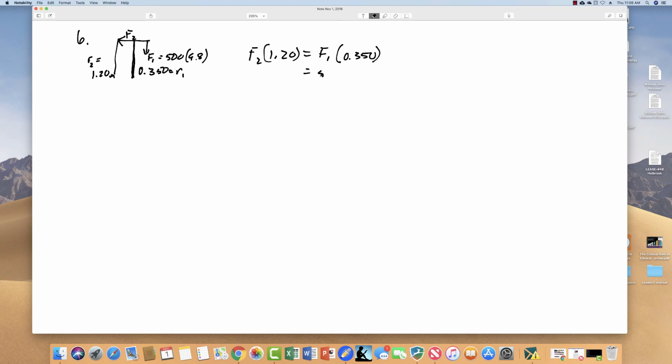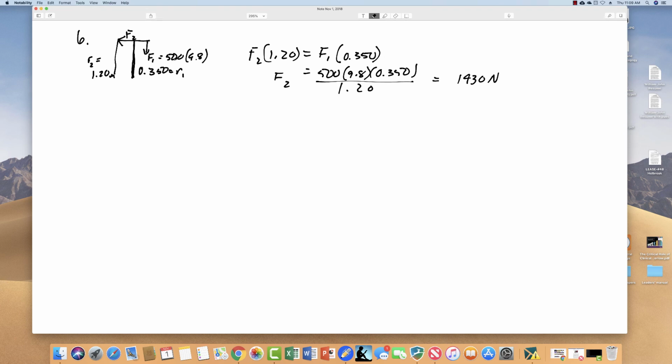That's going to be 500 times 9.8 times 0.350. We divide that by this R, 1.20, and this will give us F2. The answer here is 1,430 newtons.